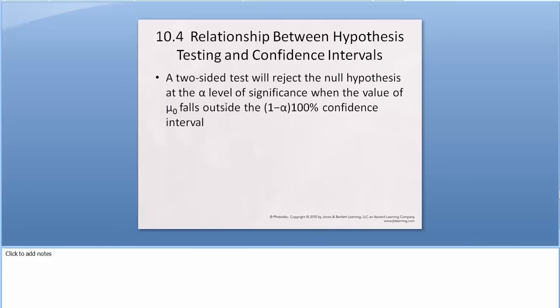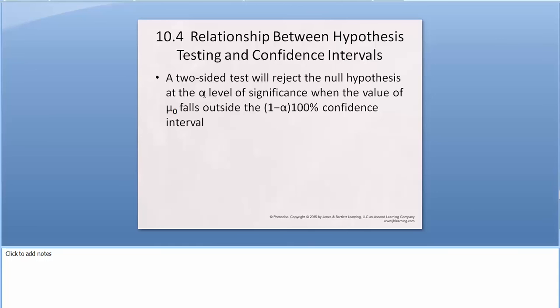In other words, a two-sided hypothesis test with alpha equal to 0.05, the conclusion of such a test can be deduced from a 95% confidence interval. So the alpha that occurs in the confidence interval and the alpha that occurs in the hypothesis test should be the same.